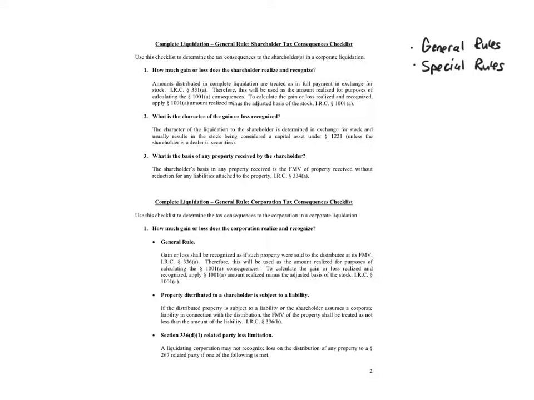So the corporation is going to distribute out assets to the owners. The question is, does the corporation have any tax consequences? And what about the shareholders as a result of liquidation? The answer is yes to both. They do have tax consequences. We have to consider both sides. We have to consider the corporate consequences and the shareholder consequences.